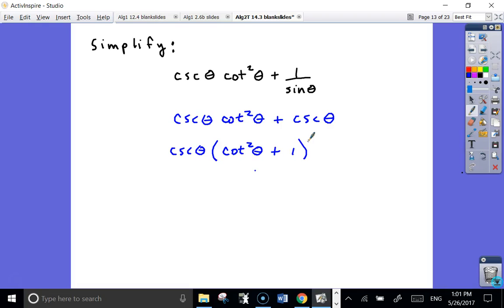It's cosecant squared, right? So actually this whole thing is going to be cosecant theta times cosecant squared theta, which is cosecant to the third theta. And that is as simple as you can get, right? Cosecant to the third.